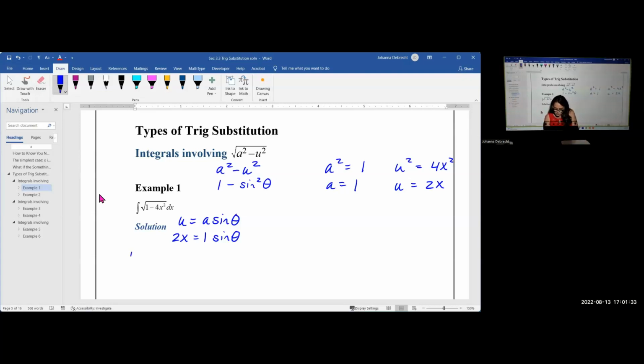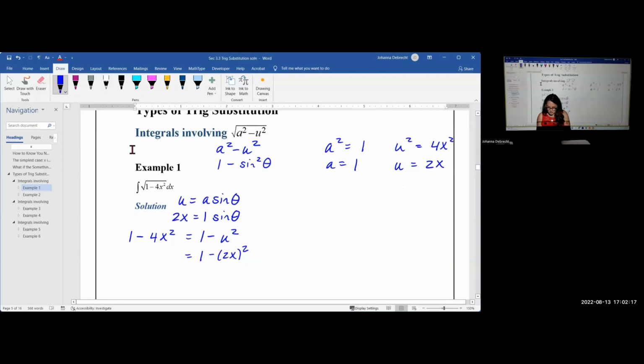So the first thing we're going to do is rebuild the original integrand, which is 1 minus 4x squared. Now that's under the radical, so I have to remember to put it under the radical when I put it back in the integrand. But I can start with the expression 1 minus 4x squared. Well, 4x squared is u squared. So this becomes 1 minus u squared, but u is 2x, so I have a 2x being squared.